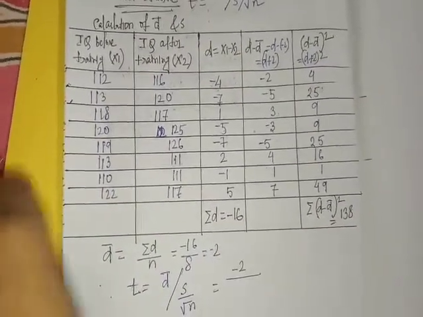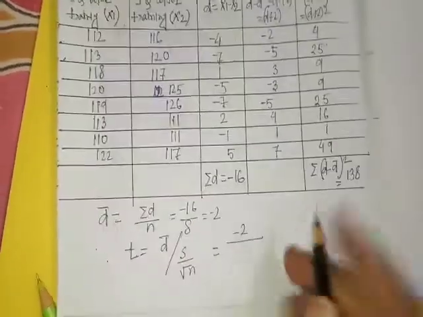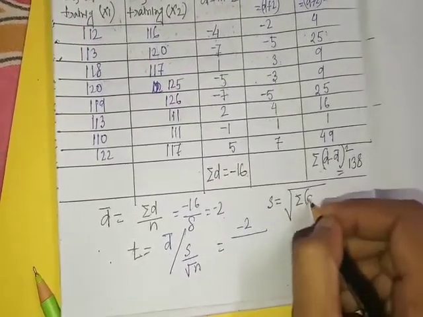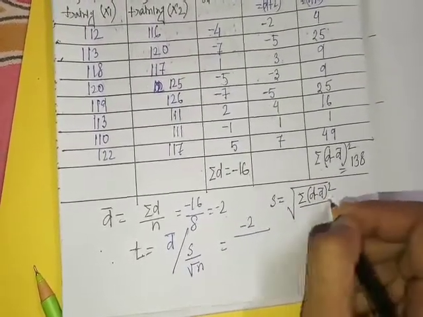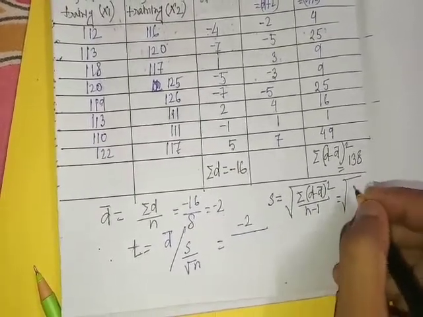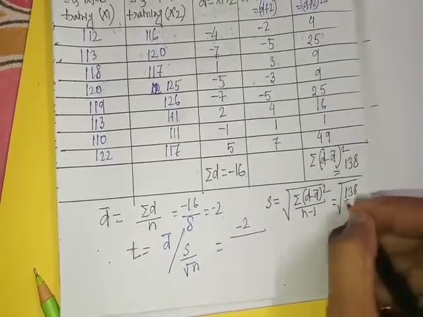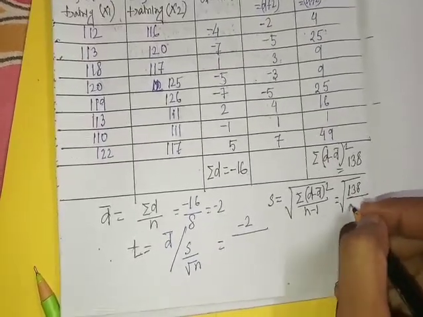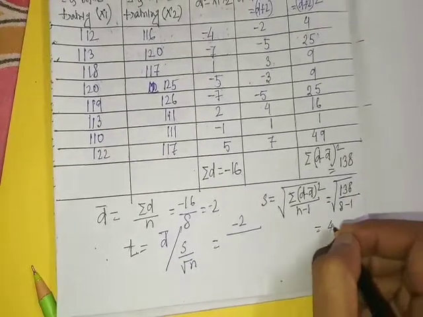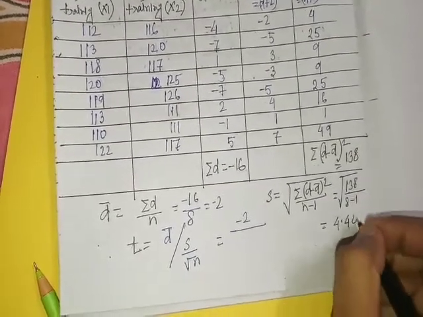For the paired t test, the formula of s is root over summation d minus d bar whole square by n minus 1. So that is 138 by n, here n is 8, so 8 minus 1. After calculation we get the value of s is 4.44.